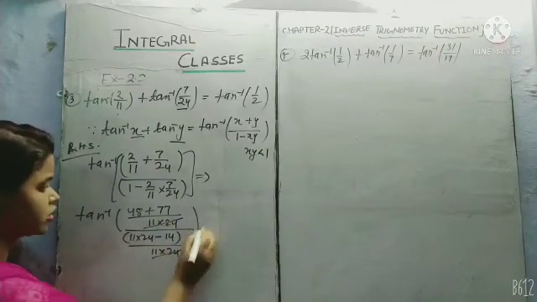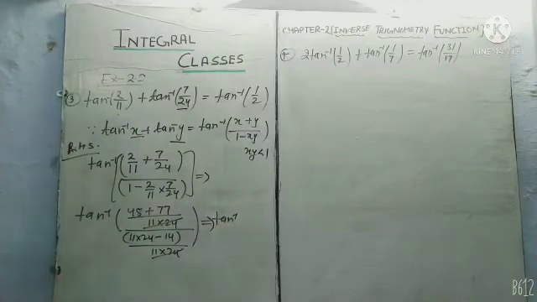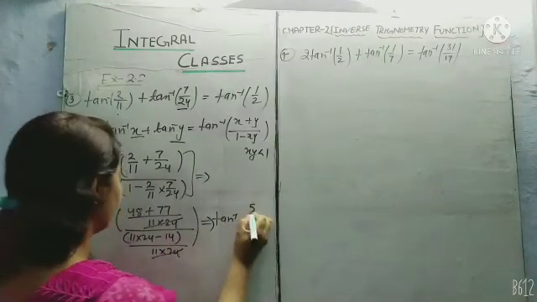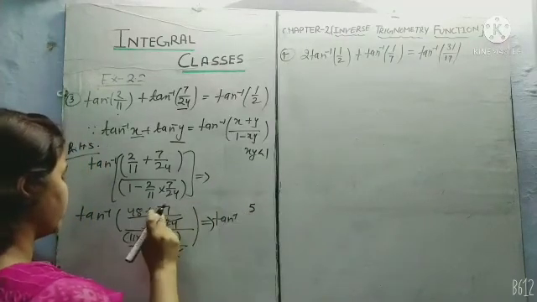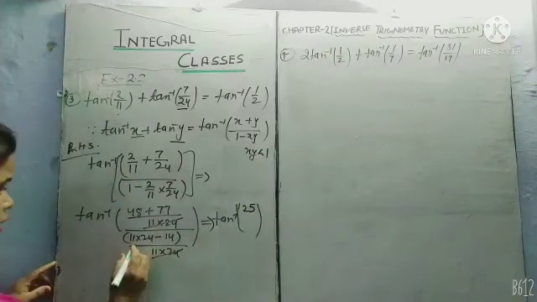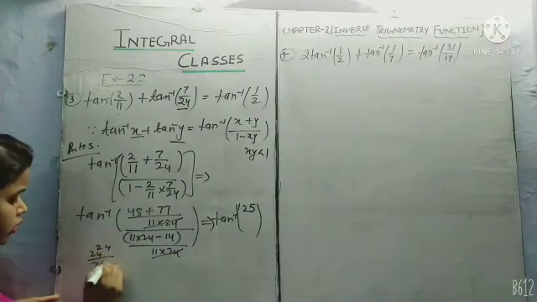These are cancelled by each other. Now we will get tan inverse, then 48 plus 77. It will become 125. Now 11 into 24 is 264.